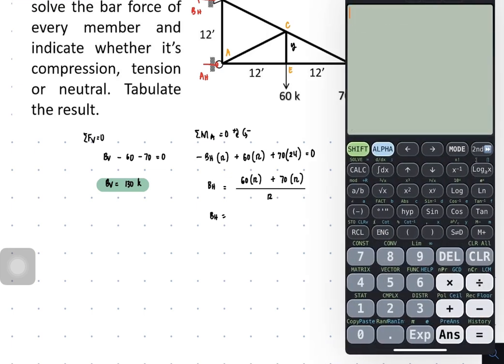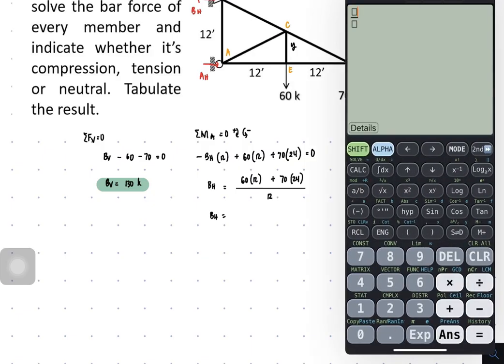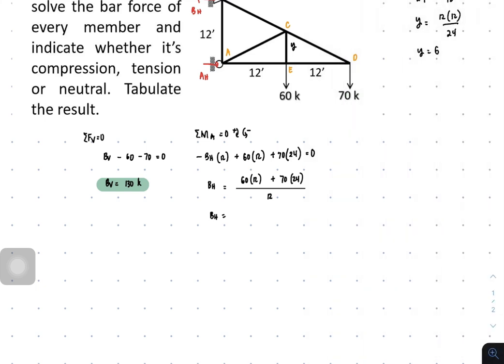Let's compute. No, not 12. This is 24, sorry. That's 60 times 12 plus 70 times 24 divided by 12. So that's equal to 200 kips.